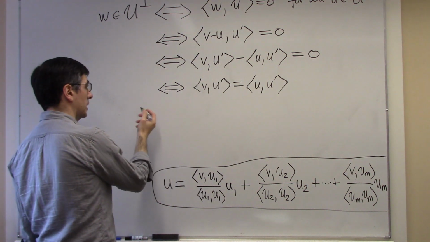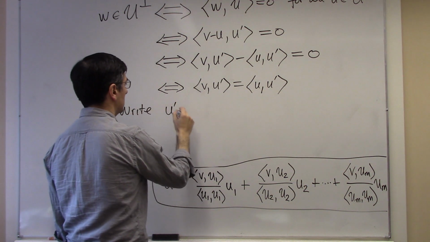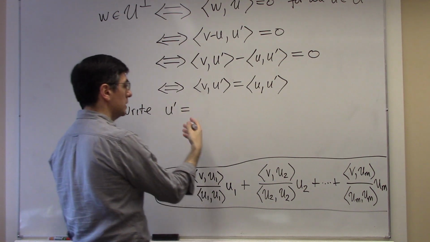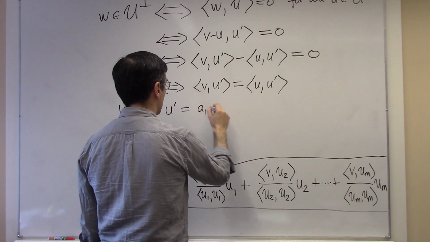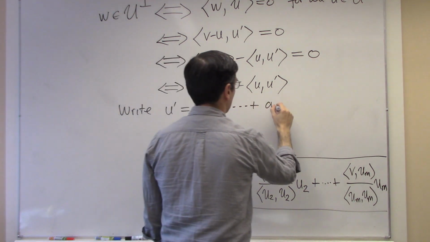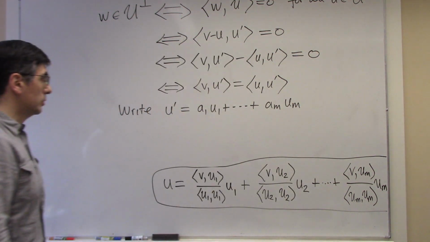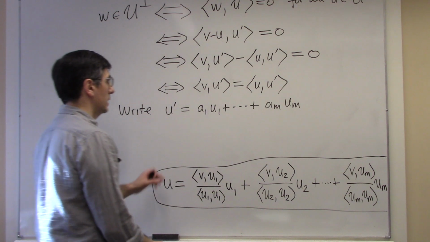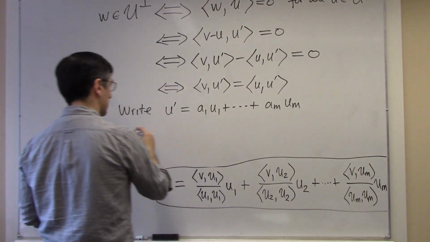Now, we can expand this U prime in terms of the basis. This is A1 U1 plus A M U M. So you can always do this. And then these inner products, right?